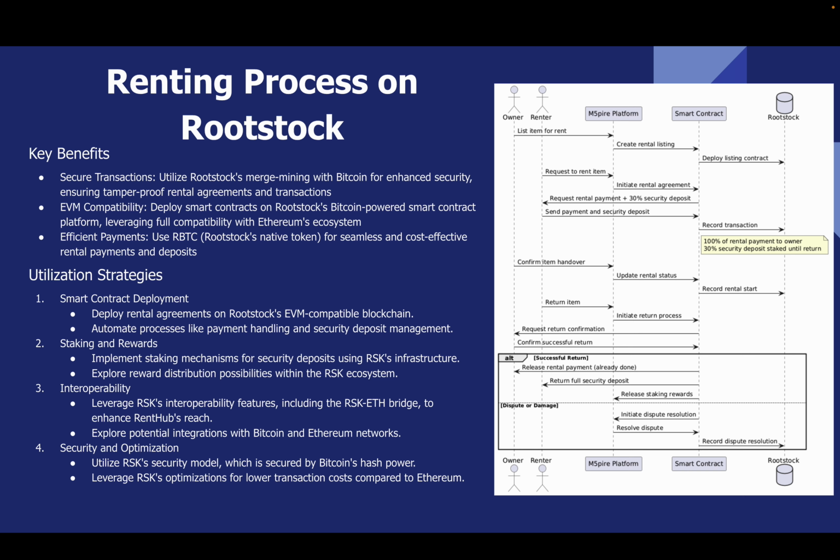Once a request to rent the item has been placed, it will initiate the rental agreement and ask for the rental payment along with a 30% security deposit. That will be sent to Rootstock, where it will record the transaction, hand over the confirmation, update the rental status, and record the rental start.